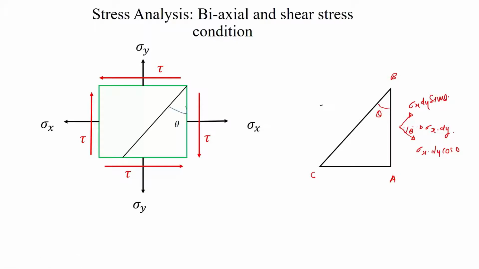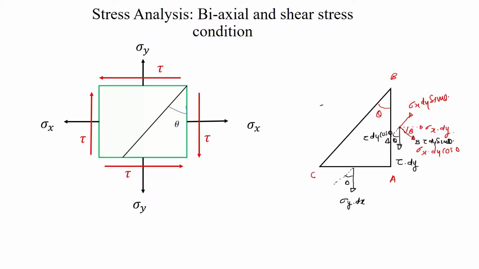And similarly, this was the tangential force tau dy. If we resolve this force, it will have two components, one in this direction which is tau dy cos theta, because this angle is theta, and in this direction the component would be tau dy sin theta. And similarly we can resolve the other components. This was our sigma y into dx. We can resolve this into two components.